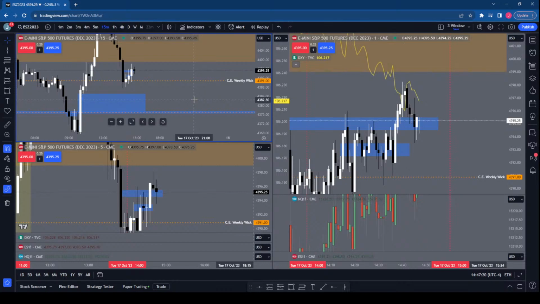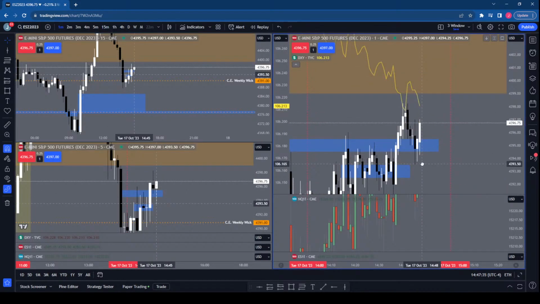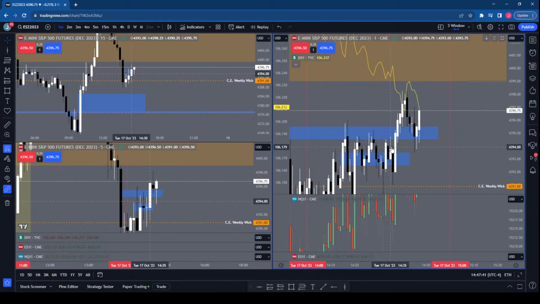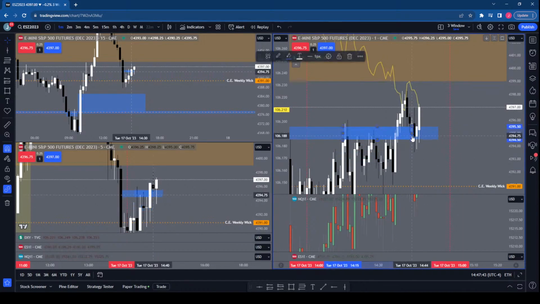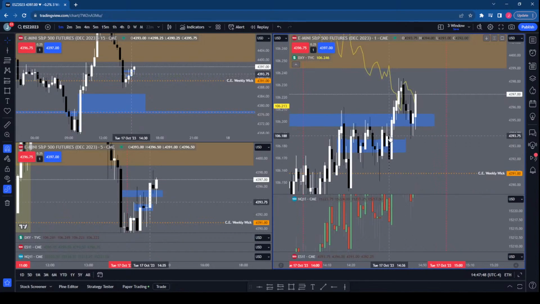The past few days, I feel like there hasn't been any clear cut setups that were like, oh, this was it. You could have entered, whoa, using this as an order block.